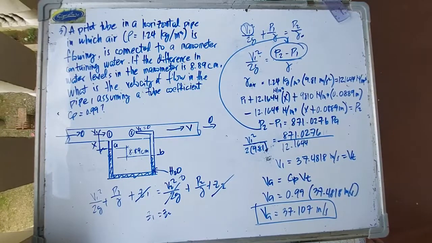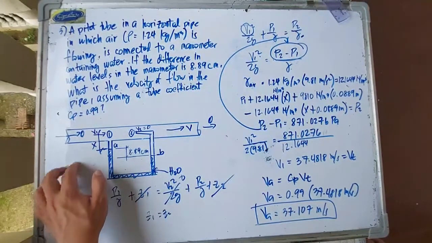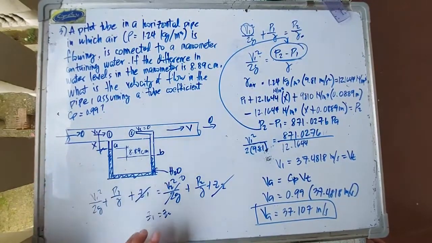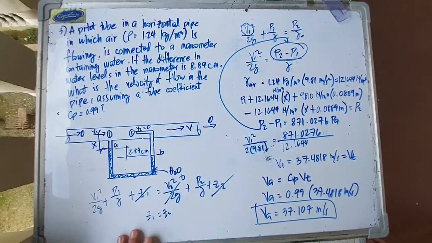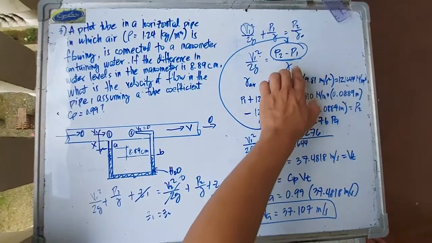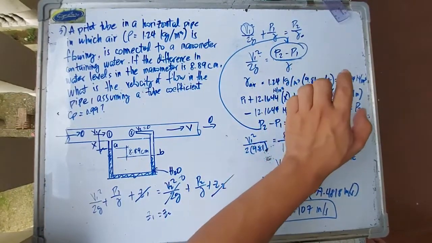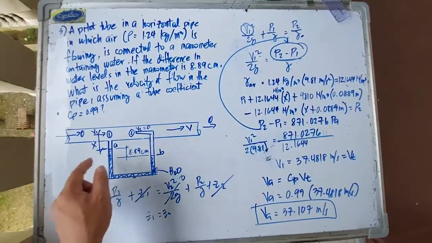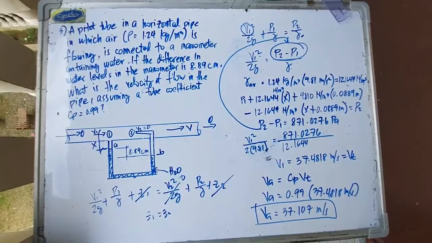So again, the procedure to solve for the velocity: we apply the energy equation. Then we arrive at an equation in terms of V1, which is what we are solving for, and in terms of pressure also. We can solve for the difference in pressure using manometry, so we add pressure heads from an initial point to a final point.